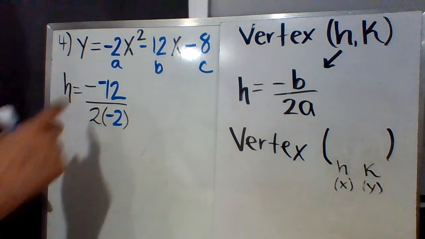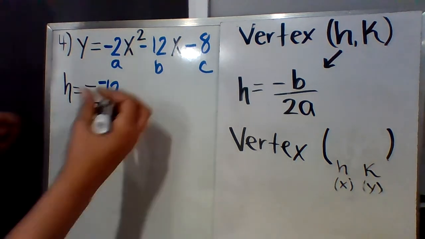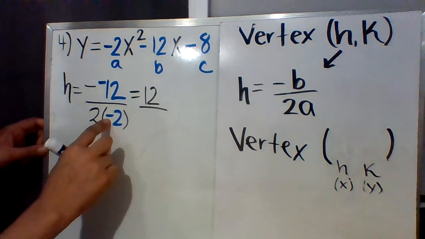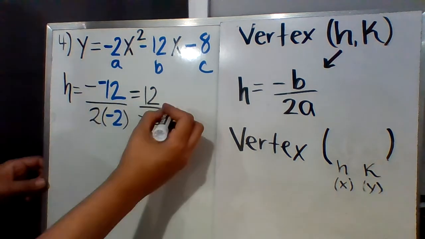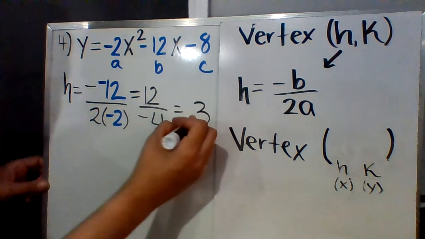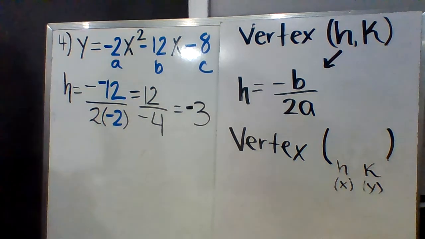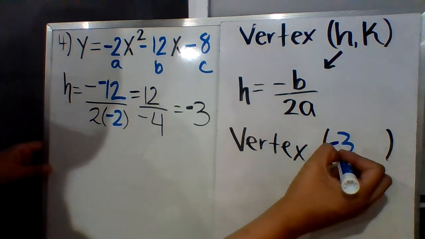And a negative times a negative is going to give me a +12. And 2 times 2 is 4, but it's going to be a -4. And 4 goes into 12 3 times. But then because of the negative, it's going to be a -3. So the H spot on your vertex is going to be -3.